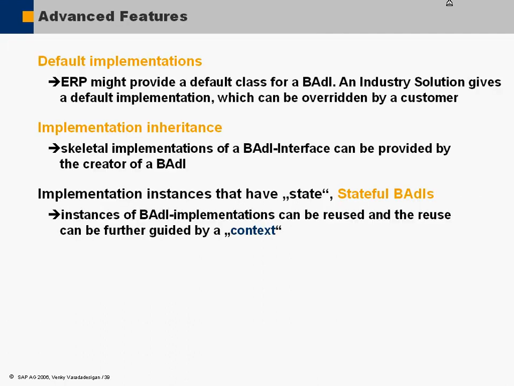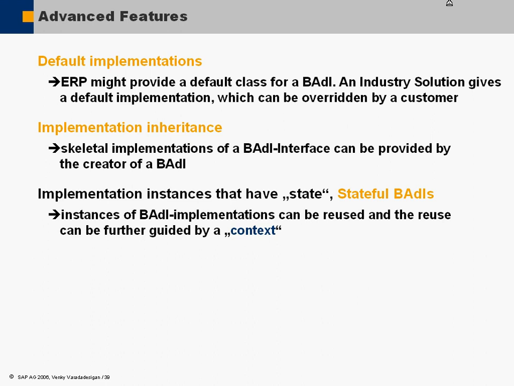Okay, here are some of the advanced features. I'm just going to mention those features, because to go into the depth of these features, it'll take a lot more time. So I'm just going to touch upon those. We have something called default implementations.